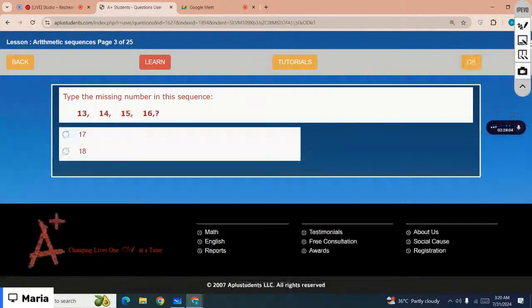Okay, type the missing number in the sequence. So which number is missing? Yes, the correct option is 17. Option number 1 is the correct option.